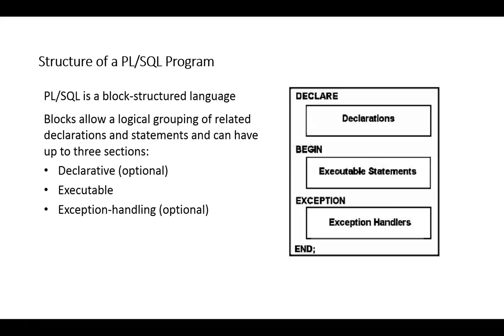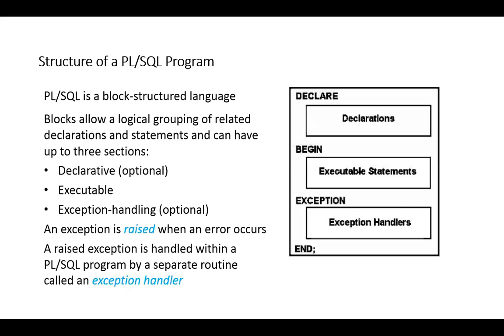Finally, when the exception is raised, the current PLSQL block is halted and control is passed to an exception handler, which is defined within the exception block. When the exception handler completes, the current block ends and control returns to the enclosing block if one has been defined, or to the host environment if no enclosing block has been defined.